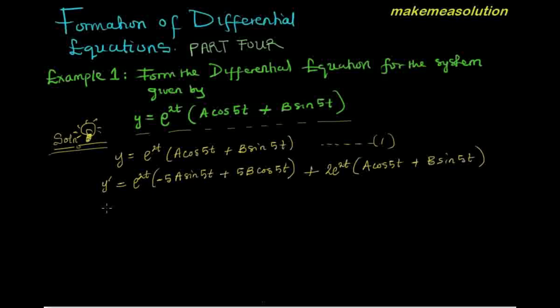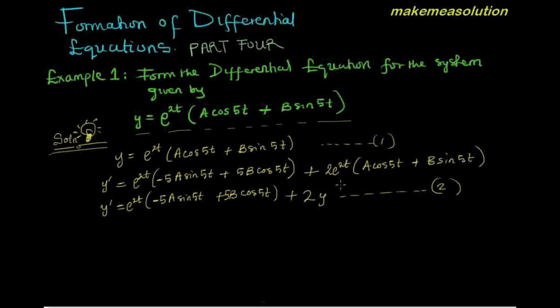If you observe very carefully, your y prime is e^(2t) into minus 5a sin 5t plus 5b cos 5t, then plus 2y. So this is where I want us to stop for equation 2, which is our y prime.